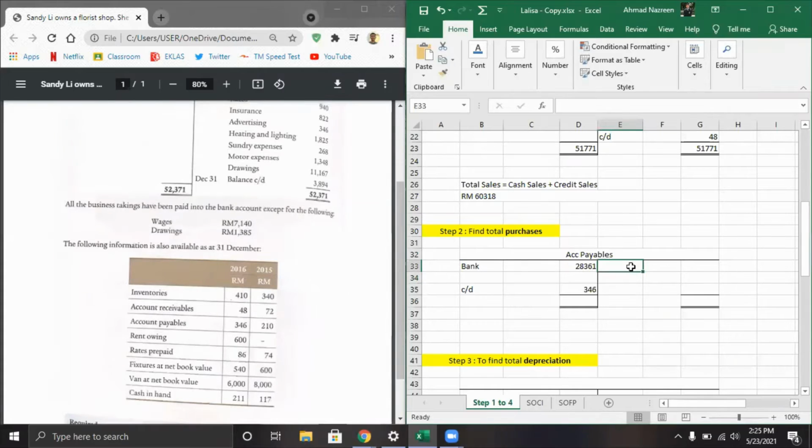Then the b/d balance and credit purchases will be on the credit side.